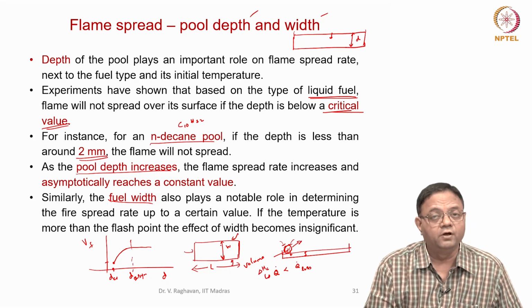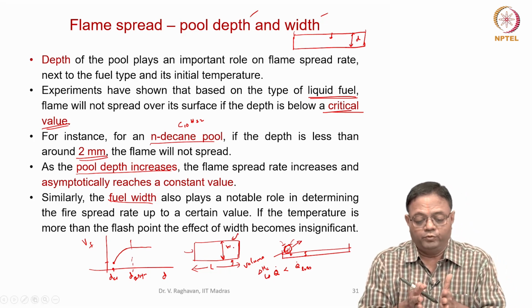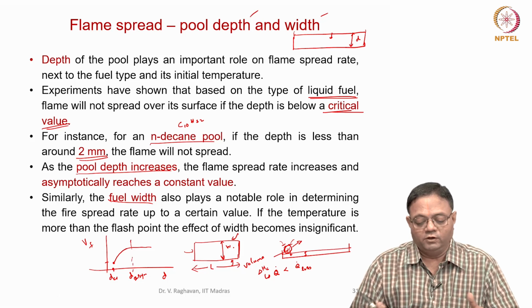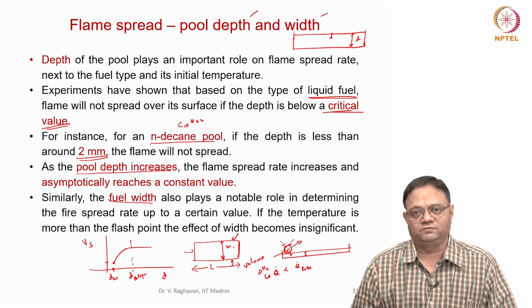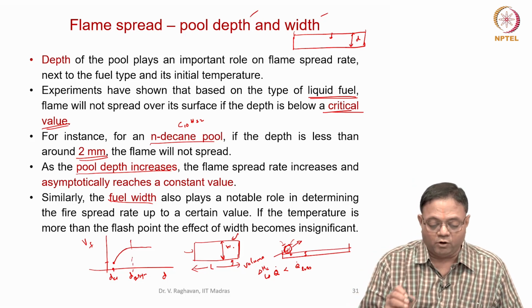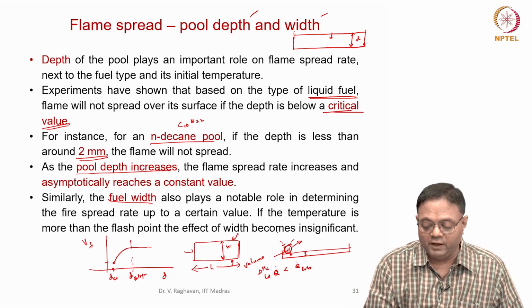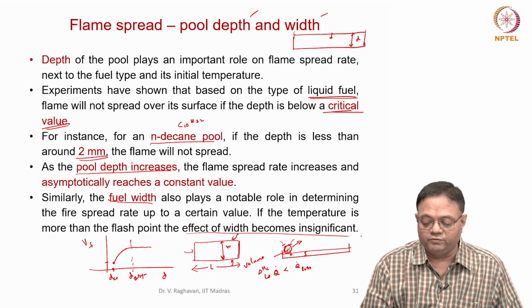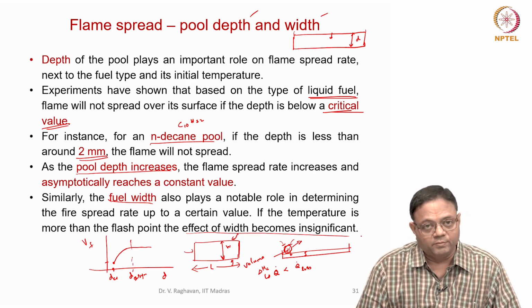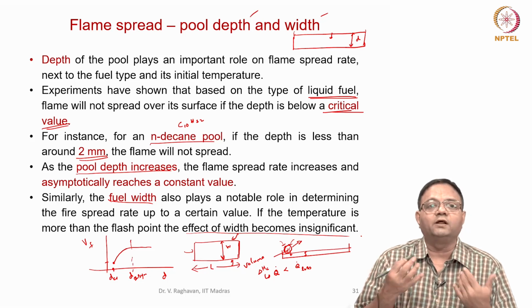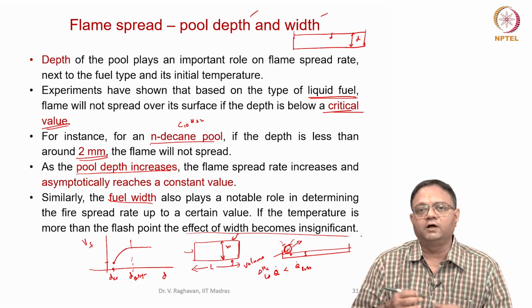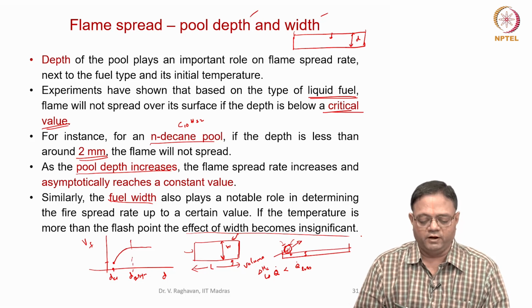But when you increase the width to a particular value, then the air entrainment from the sides will not affect. So after a particular value of the width, the effect of width becomes insignificant. Similarly, when the temperature of the liquid is more than the flash point, then also the effect of width will be insignificant.